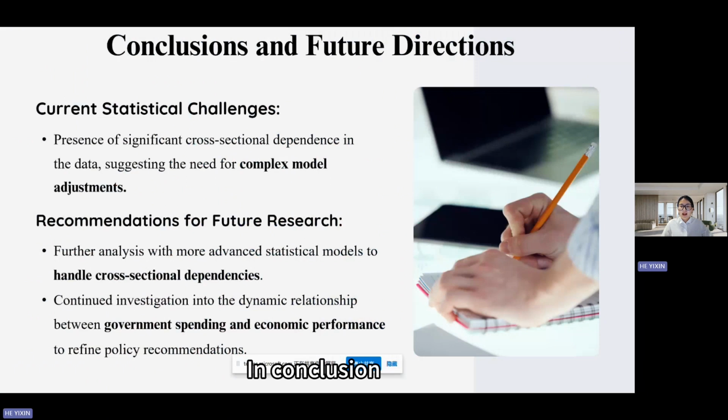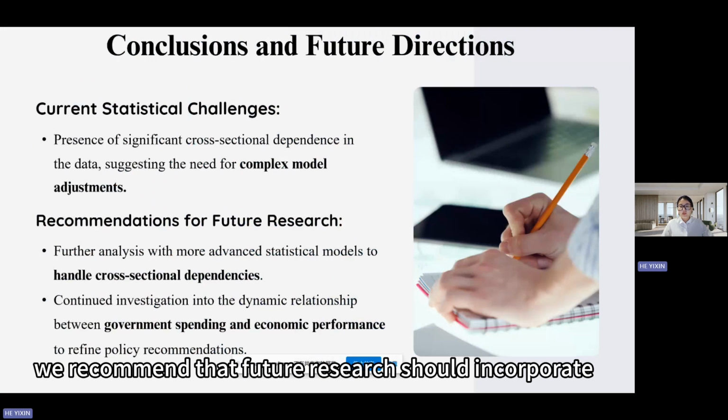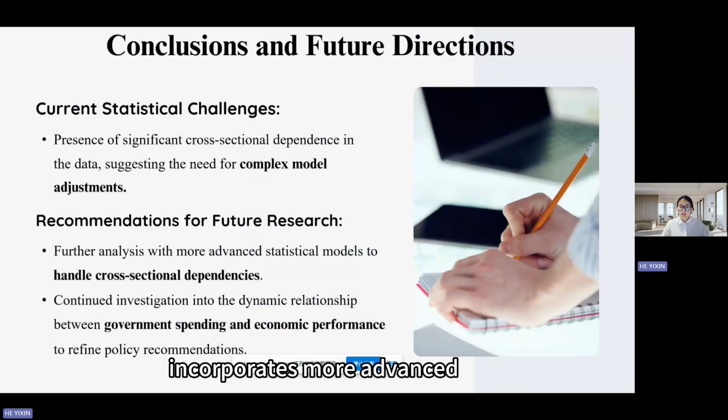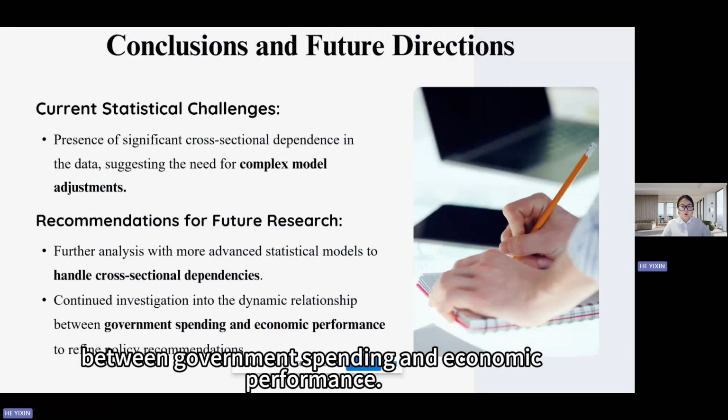In conclusion, based on our current findings and the statistical challenges present, we recommend that future research should incorporate more advanced statistical models to delve deep into the complex dynamic relationship between government spending and economic performance.